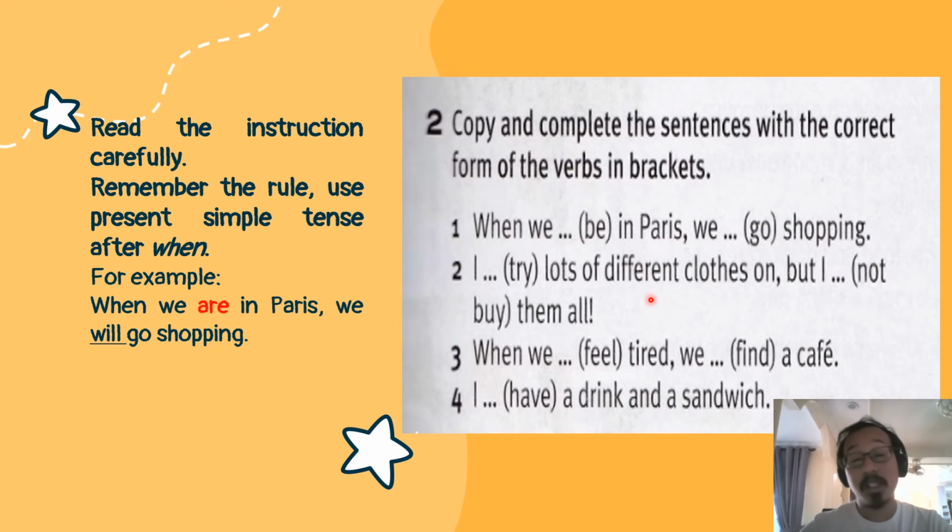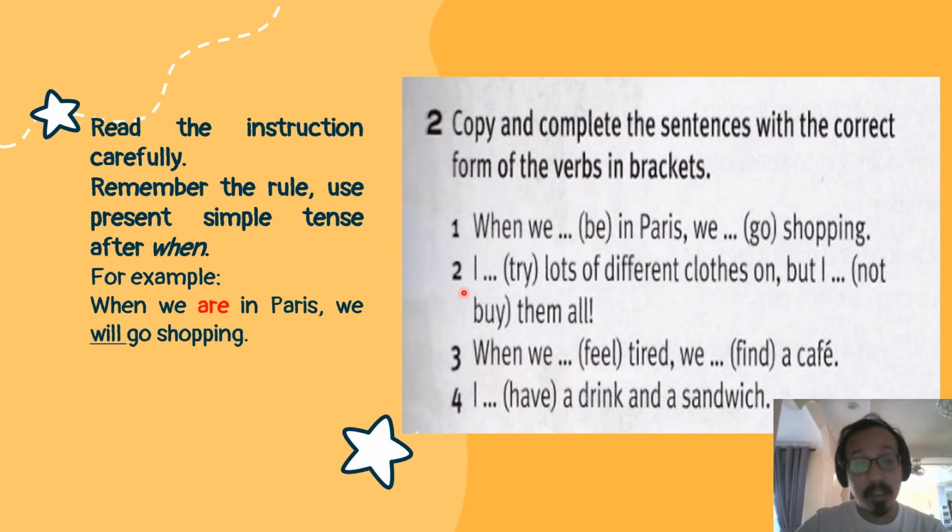When we are in Paris, we complete the sentence with will. We will go. Go has to be in its base form because will is the aux verb. It's the complement verb. We will go shopping. So the correct sentence is, when we are in Paris, we will go shopping.